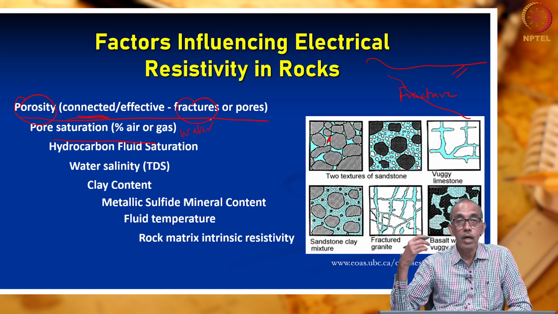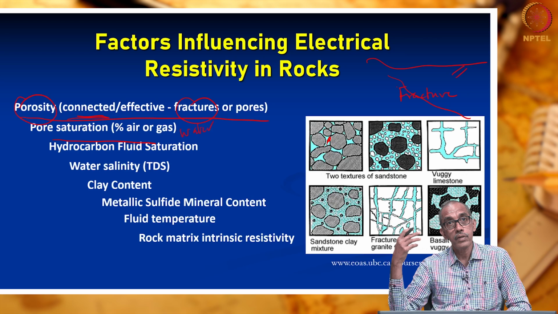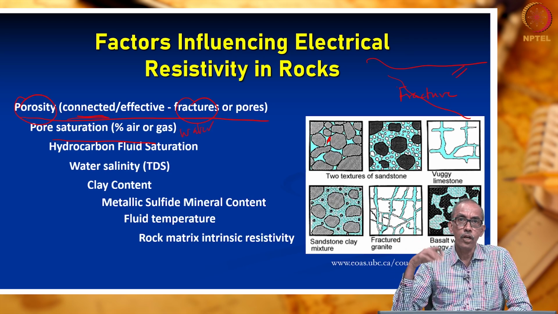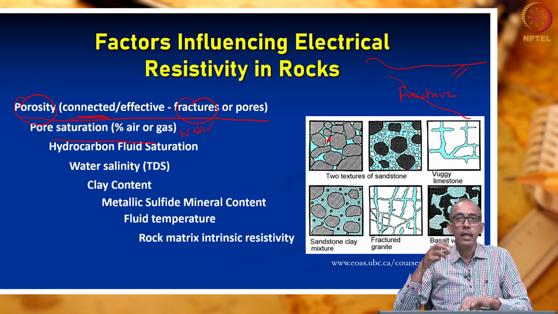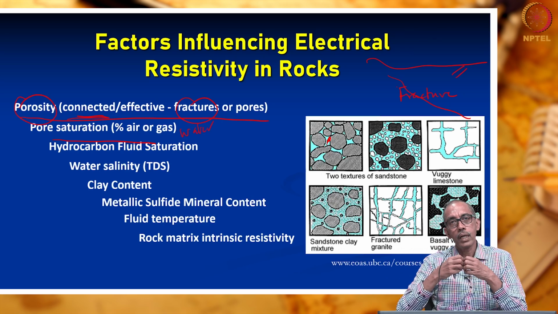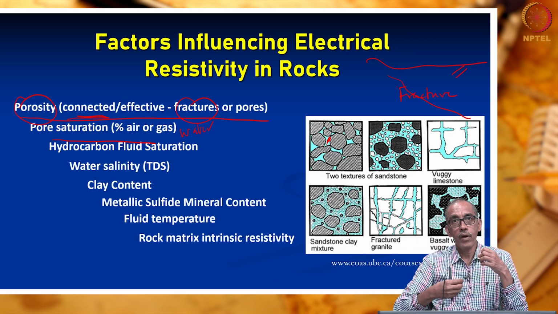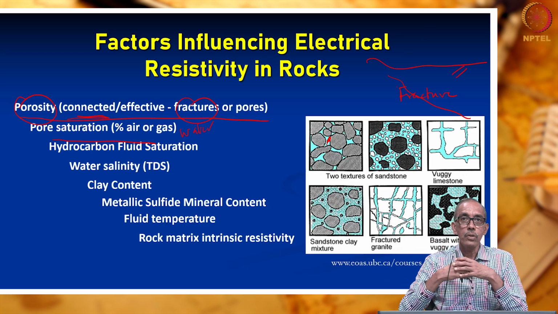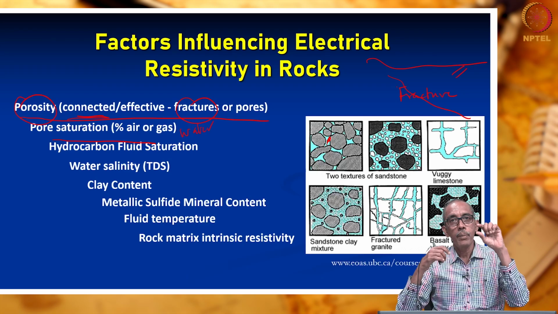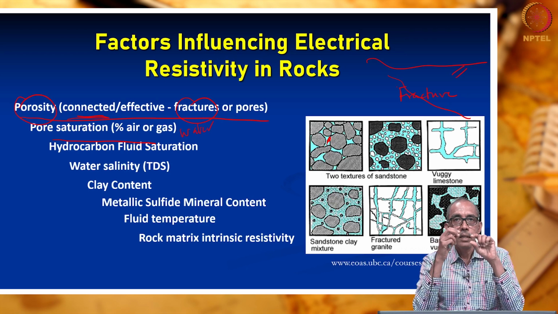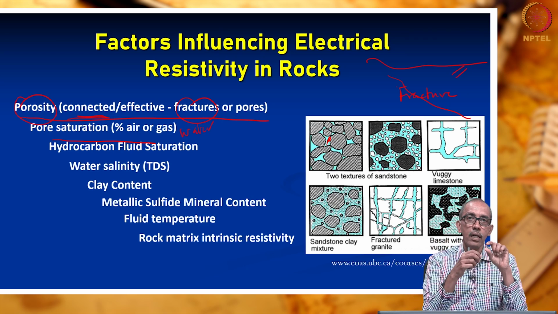Especially in oil exploration, toward the fag end of this course, especially in well logging, in the borehole, we are able to understand how the porosity or resistivity varied within the same formation. That helps us to also understand what is the porosity of the formation. Out of the porosity, how much of it is filled with air, how much with water, how much with oil can be understood.